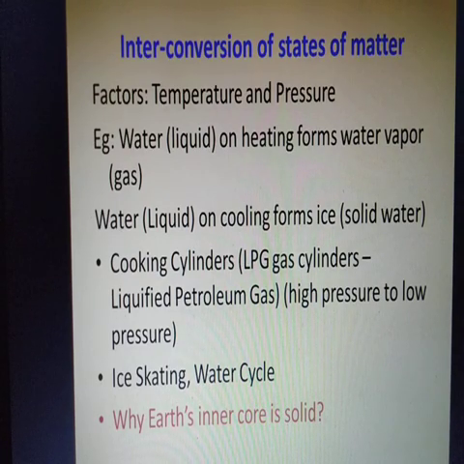It is kept under high pressure, and by the application of pressure, the cooking gas inside the cylinder is converted into liquid. For that reason, within such a small cylinder, a huge volume of gas can be stored. Okay?